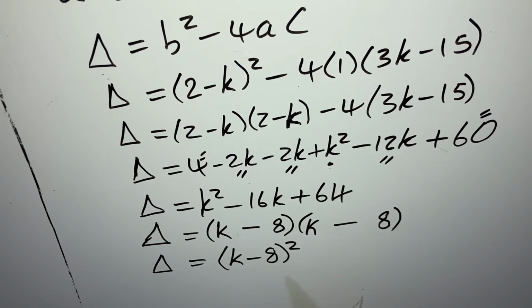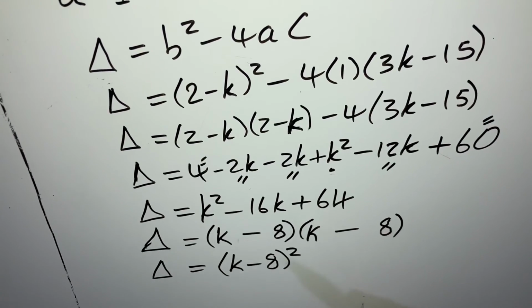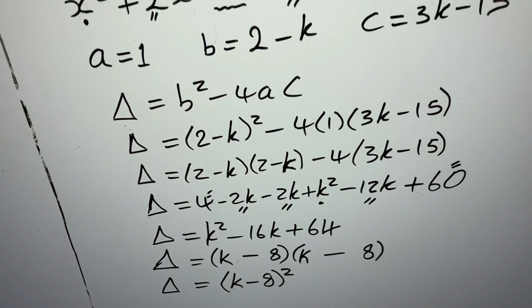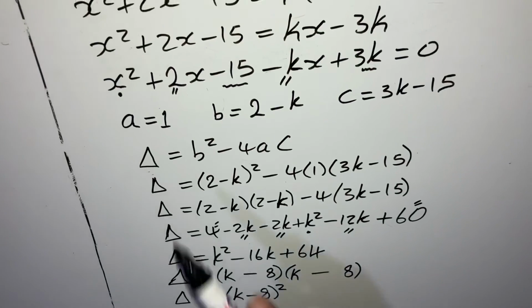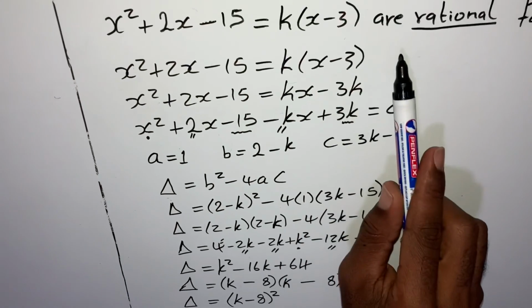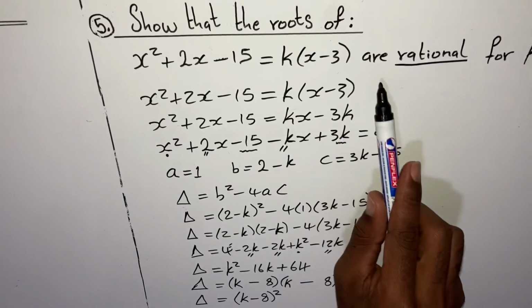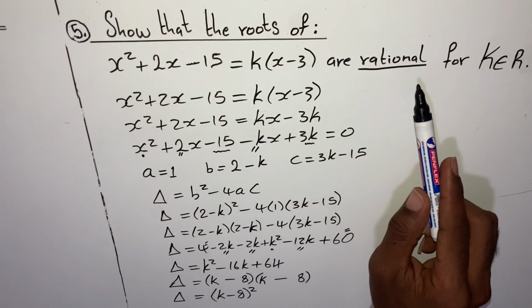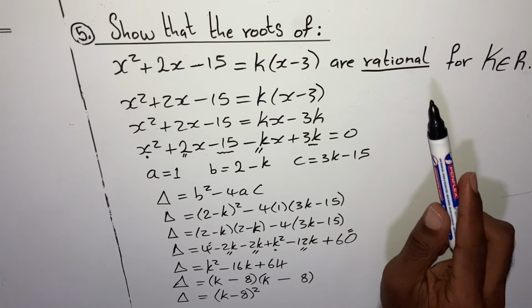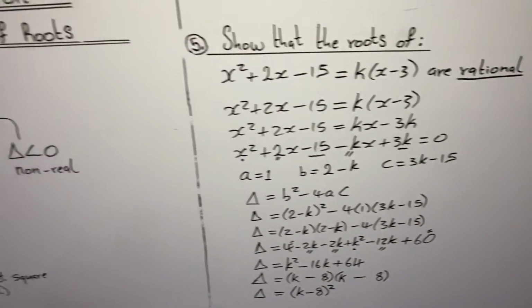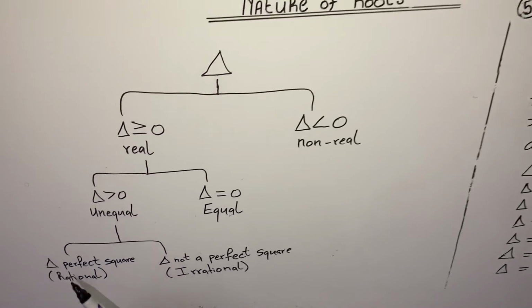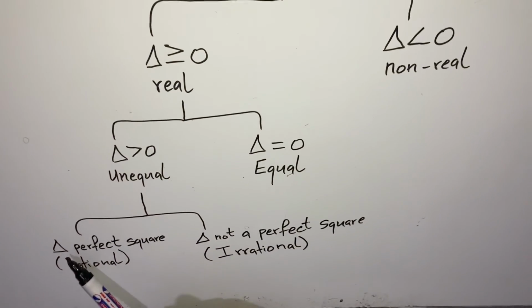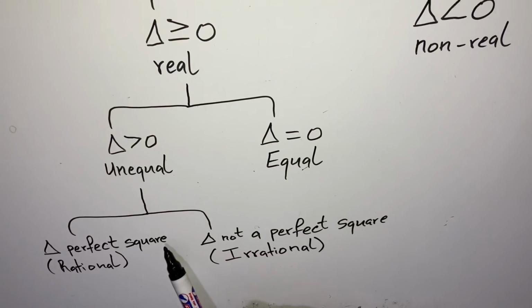Therefore, the instruction was to show that the roots of this given equation are rational. When they are rational, it means that we said rational comes from delta being a perfect square.